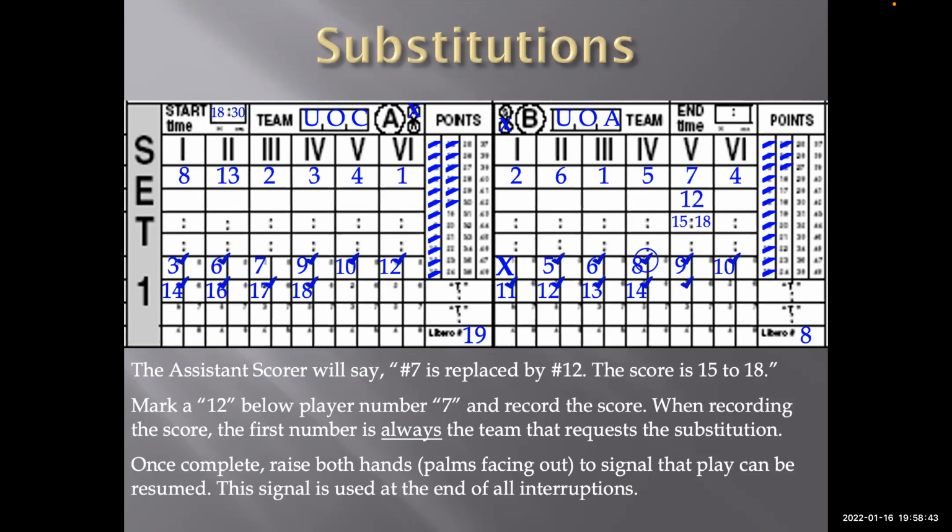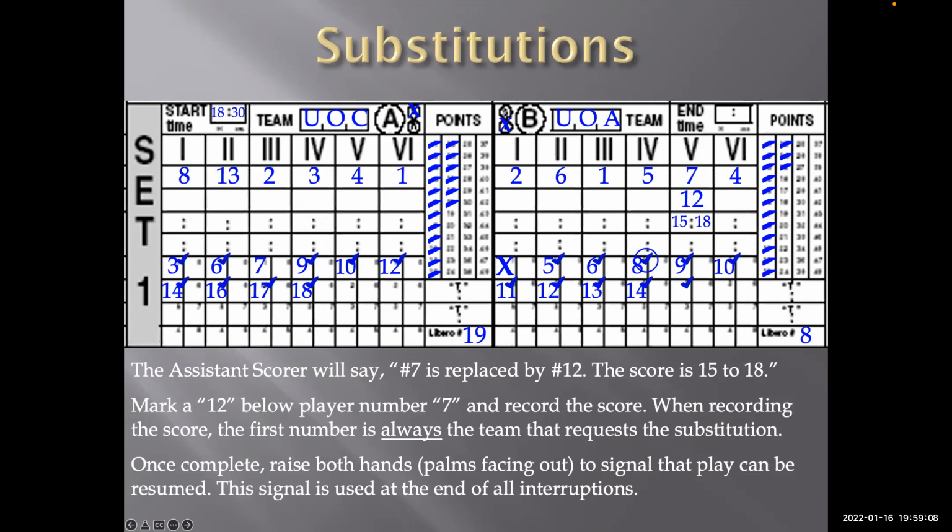The reason we read it in that order is we read the player on the court first, because that's the number you're looking for on the score sheet. Who they're replaced by, you can see that's written in the box immediately below. And then the score, you start with their team score and then the other team. So this team has 15 and this team has 18. That's when that one went in.